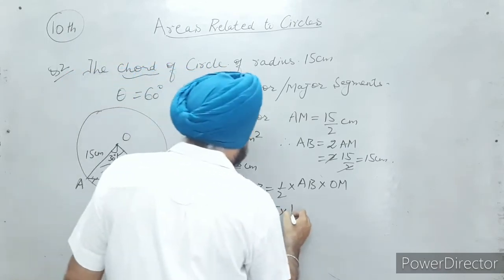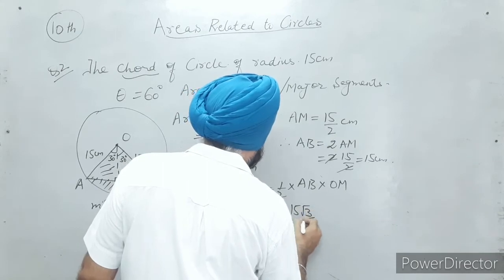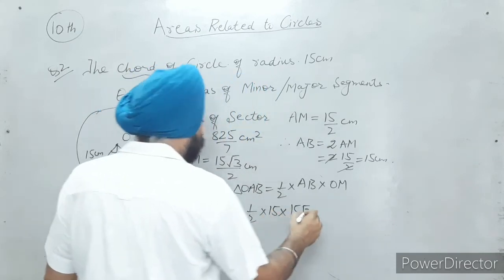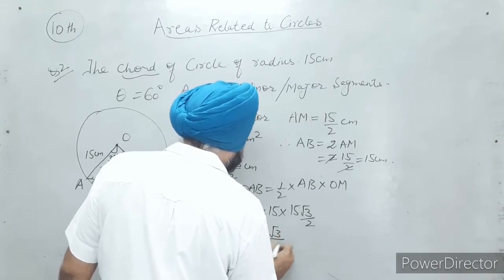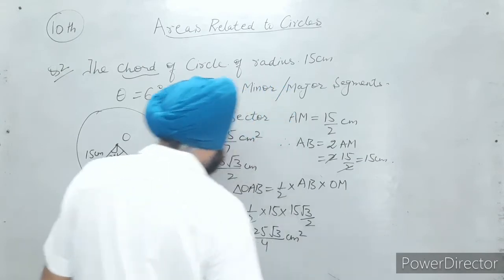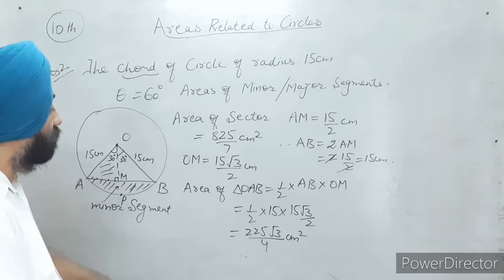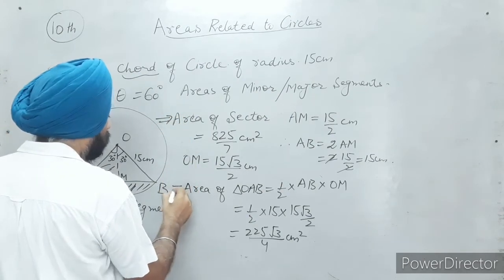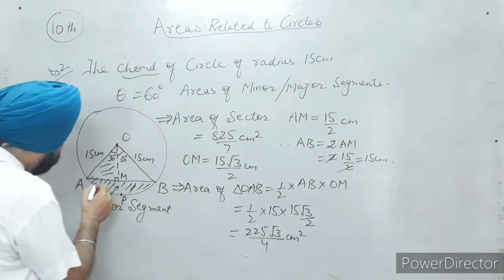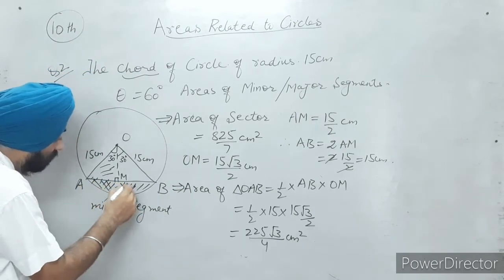OM is 15 root 3 by 2. It becomes 225 root 3 by 4 centimeters square. This is the area of the triangle and this is the area of the sector. Now I need the area of the minor segment.